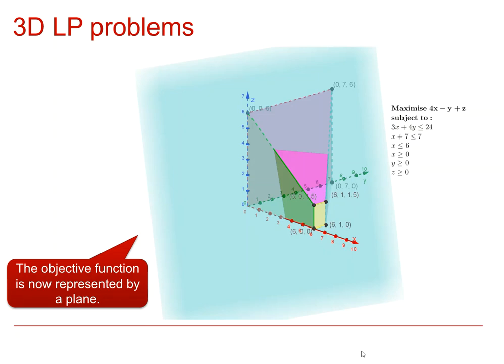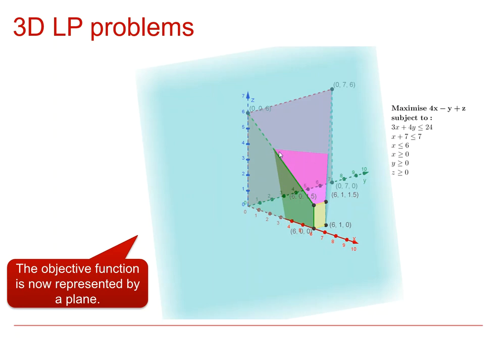If on the other hand we wanted to think about this in terms of the objective line method, well, that objective line of course will now become an objective plane. So what we can see here is this blue plane now representing the objective function for a particular value of it, and so that is cutting through the feasible region.